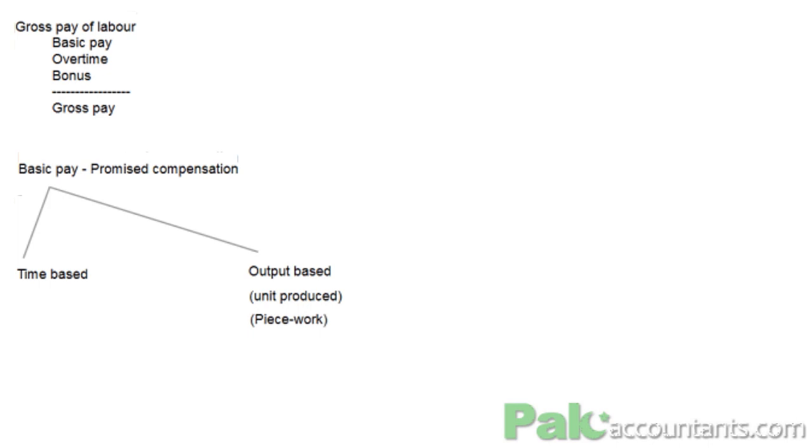Now in that, there are a lot of other things that we need to discuss, and it's not as simple as that. When we are calculating the basic pay, the first thing that comes to mind is what about the time that we are paying for, but he's not actually working for that time, which we call idle time? How are we going to make calculations regarding that period of time for which he was sitting idle doing nothing?